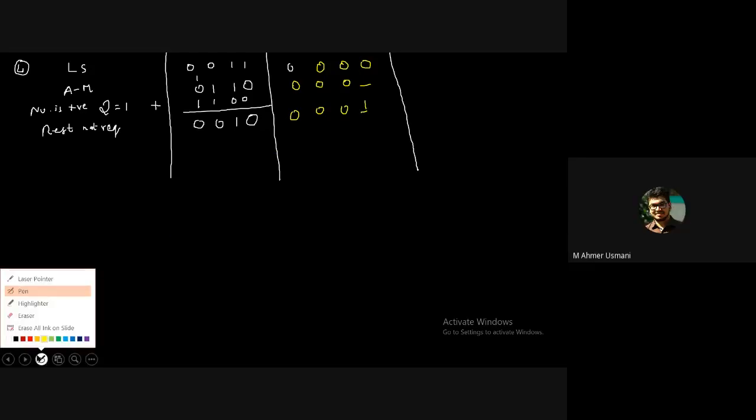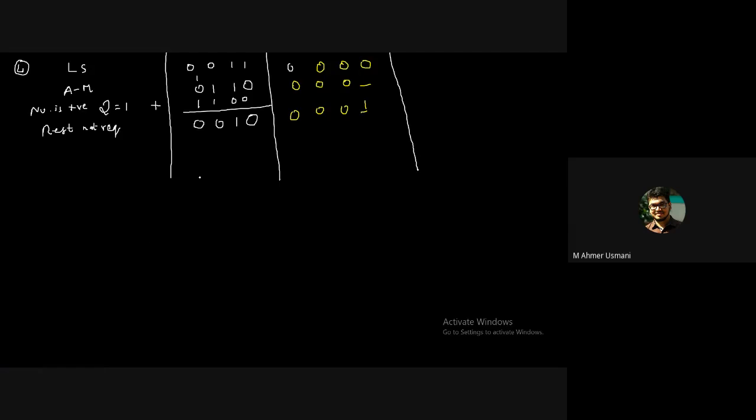Now just tell me, this is nothing but what in decimal? This is equal to 2, and this is equal to 1. So you have a remainder of 2 and a quotient of 1.